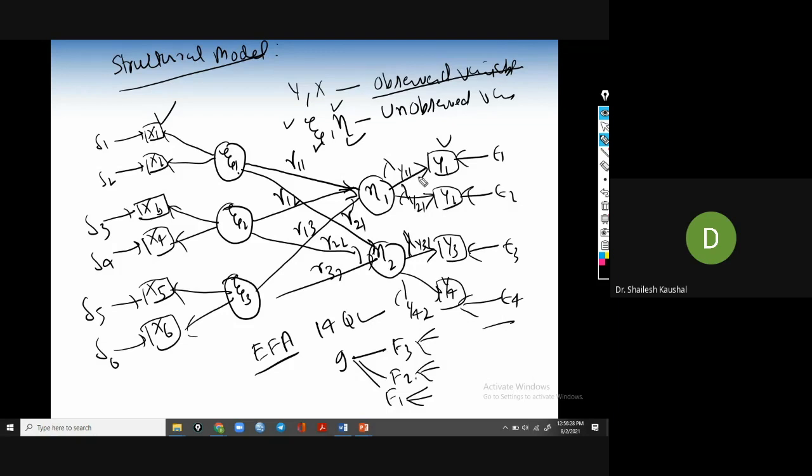Same as the xi1 in an oval shape, you can see, and the eta. These are factors, and each factor has two variables. Okay, so we can write it like this. So this is about the concept of structural equation modeling.